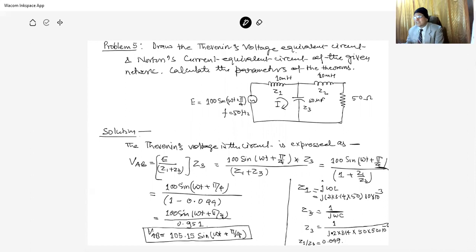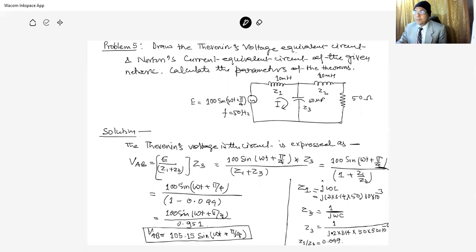I need not do this, but if we have to find the quality factor in these two cases, Q1 and Q2, the quality factor is ZL upon X and ZC upon X for the given circuits. But these things are not given here, and that's why it is not required. If it is given, then it would be required in other cases.